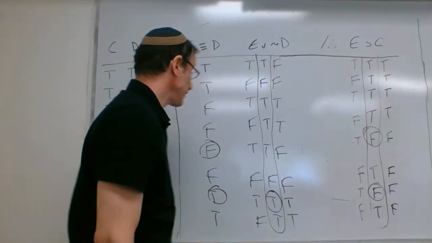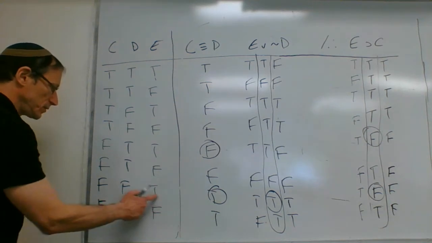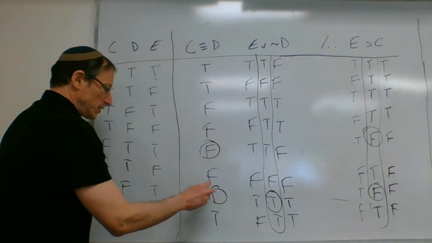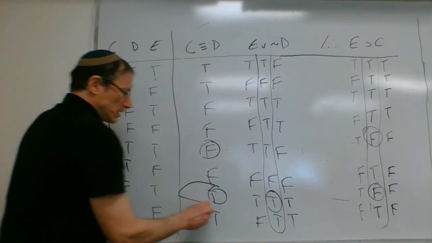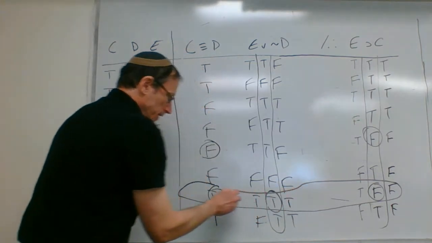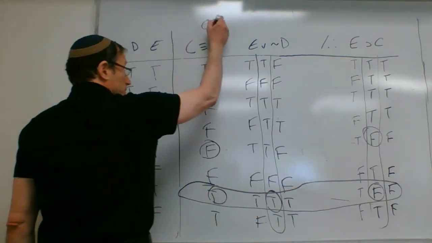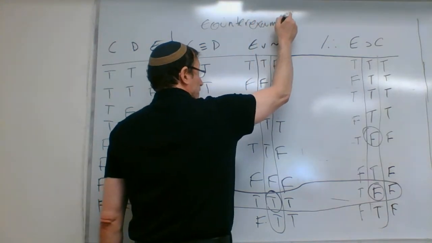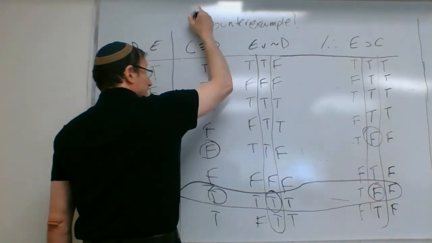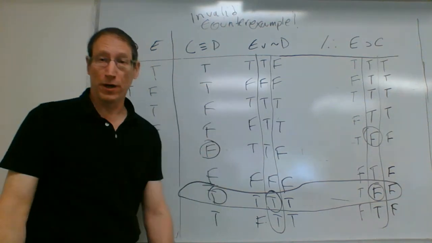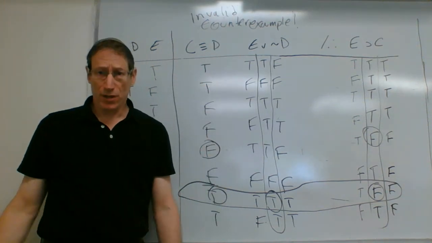Over here we have E horseshoe C, T horseshoe F. So if I were doing this on a test, I would circle this whole thing and say, counterexample. I have shown that this indeed is invalid. If you find one counterexample, or more than one counterexample, then it's invalid.